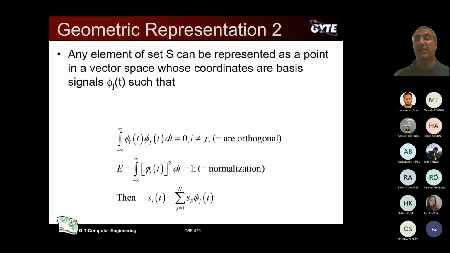So they need to satisfy the following two conditions: first of all, orthogonality, and the normalization, which means the energy is equal to 1. Then you obtain the symbols by multiplying your signal with the basis function.